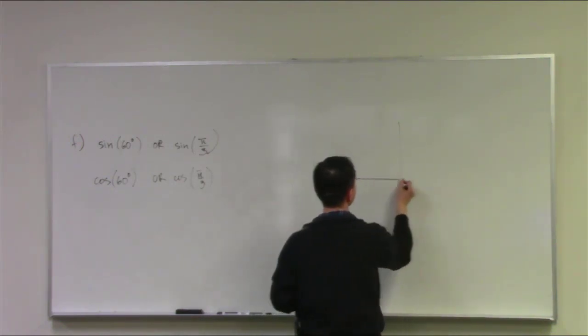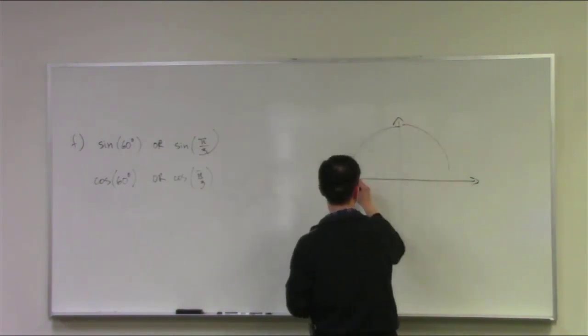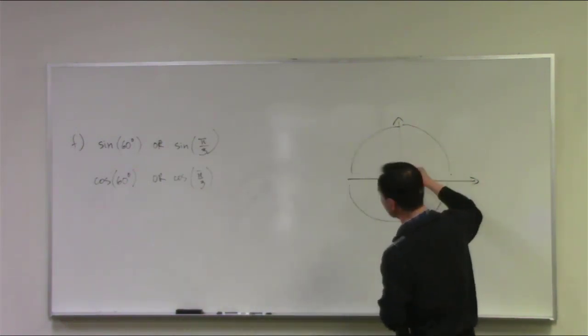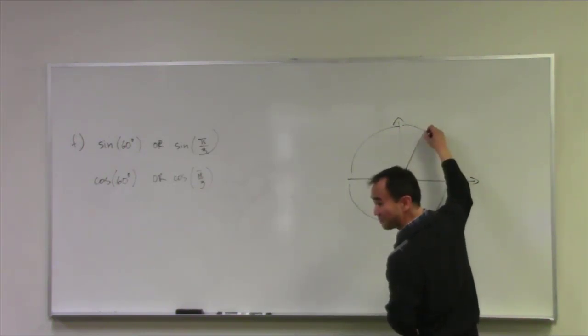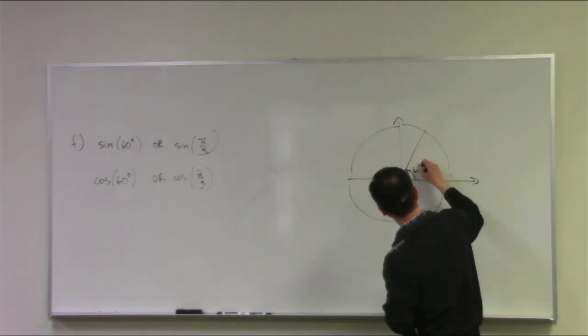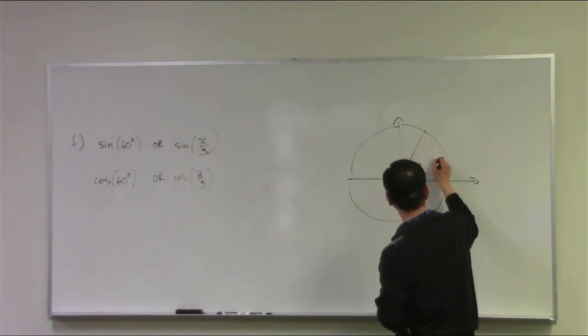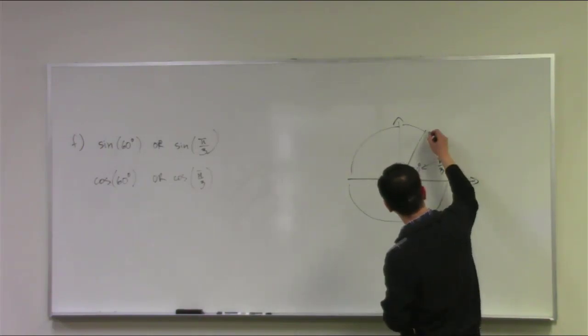Alright, the unit circle, radius 1. And of course, I'm not an artist, so don't expect me to draw a very nice looking picture, but a 60 degree angle is about there. You guys saw it? A 60 degree rotation, or you can also understand that as pi over 3. From there, remember the terminal point is right here.